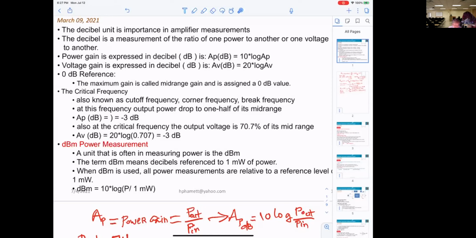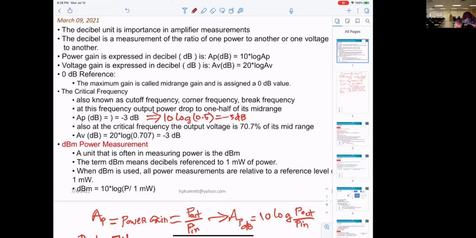And you already know we already did the calculation for you. AP equals minus 3 dB. How come? We already did AP equals 10 log of 0.5 for the power. And the question is, how come 0.5?